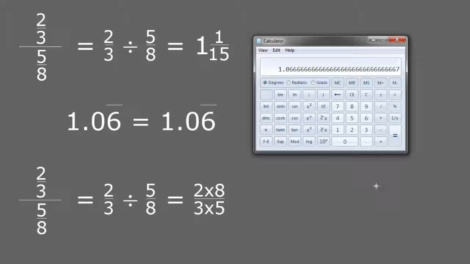So this proves that this exercise was done correctly, and that's how you can verify if the multiplication or division of fractions that you did is correct. But remember, you have to express it. Most of the time you are required to express it as a fraction, and I recommend that you do that by hand and only use the calculator at the end to verify your results.